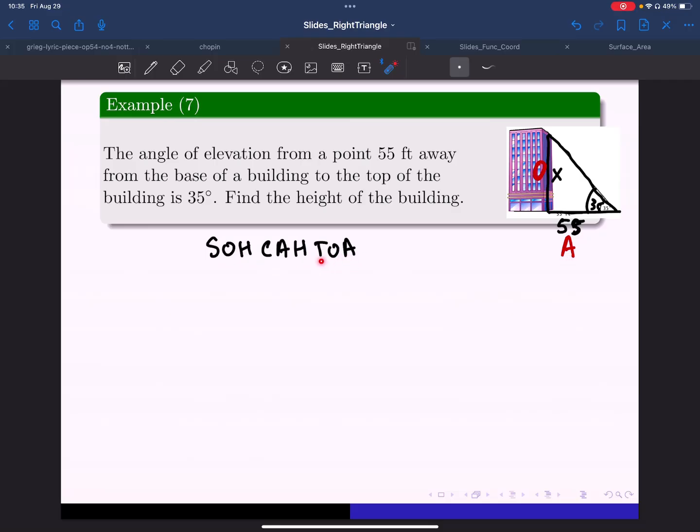Opposite and adjacent is tangent. So tangent theta is equal to opposite over adjacent. Substitute what we have. Tangent 35 degrees is equal to, opposite is x, adjacent is 55.